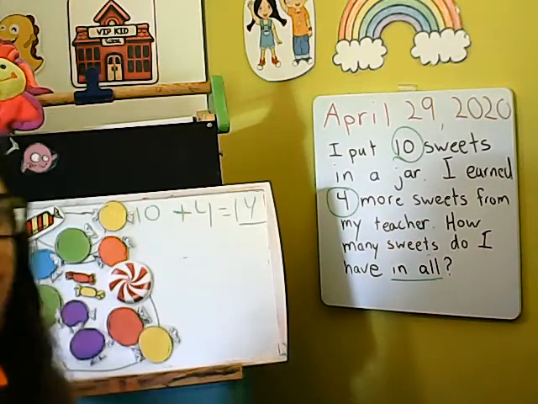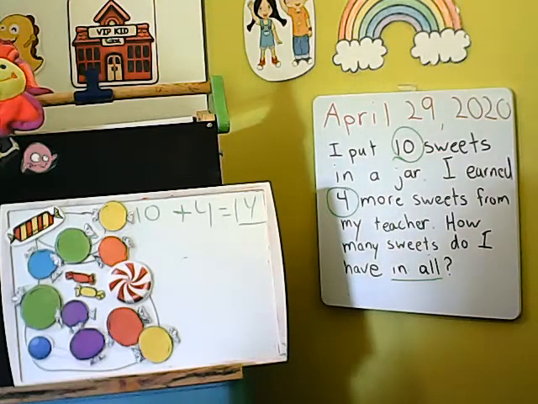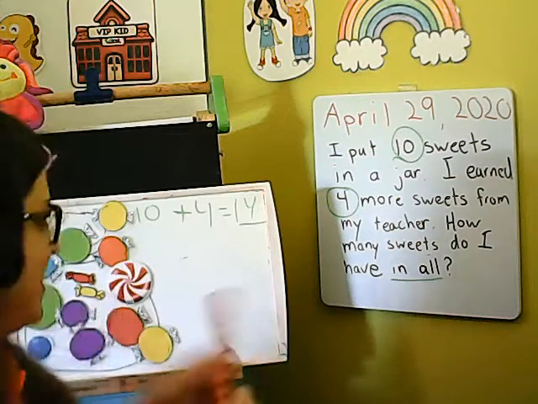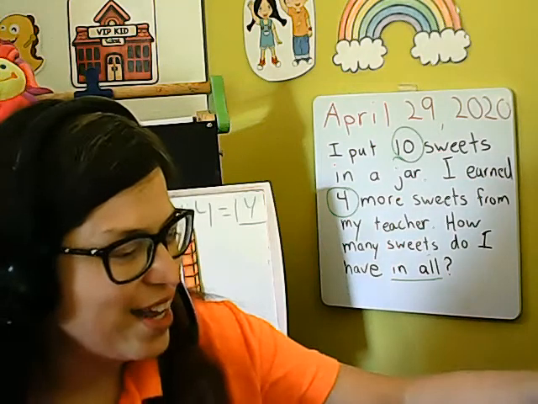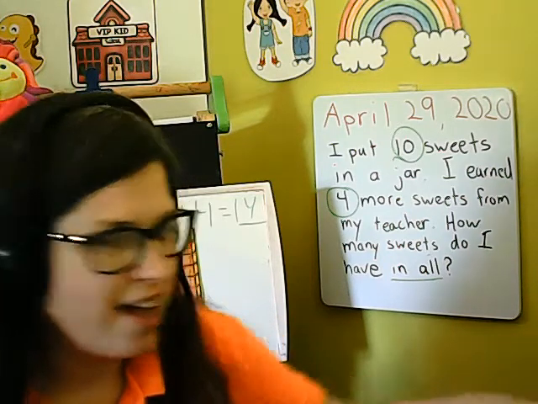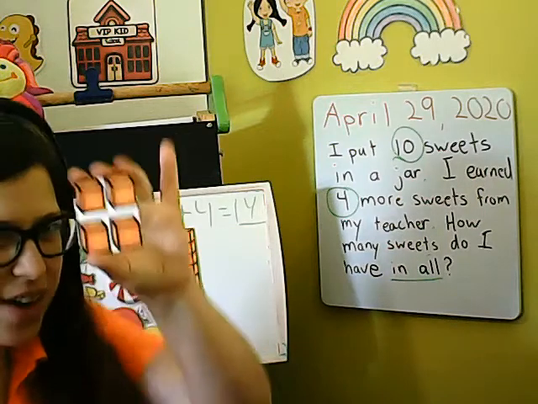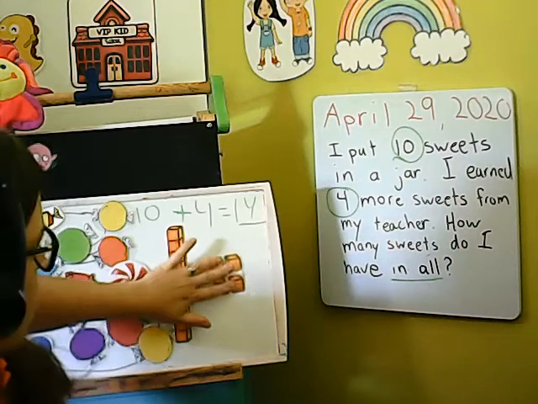But there is an even quicker and easier way to show your answer if you put a 10 stick up here and count on from 10. So I need 10 and then I need 4 ones. Here's my 10 stick. Here are my bits.